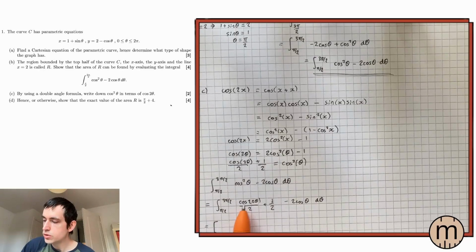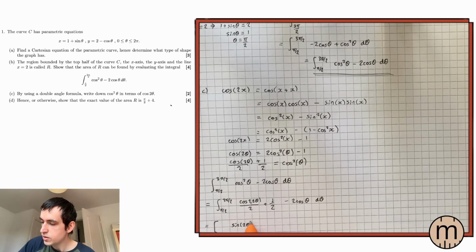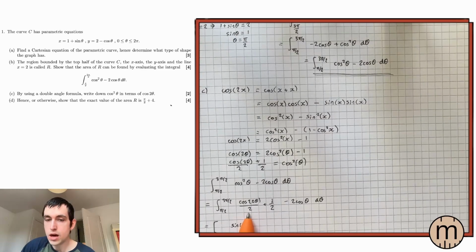To integrate cos 2 theta, we need to think about what differentiates to get cos, and that's sine. So the answer to this is going to be sine 2 theta, and then we need to think about the constants. We've got a half already on the outside, and we need to divide by this 2 by the reverse chain rule.